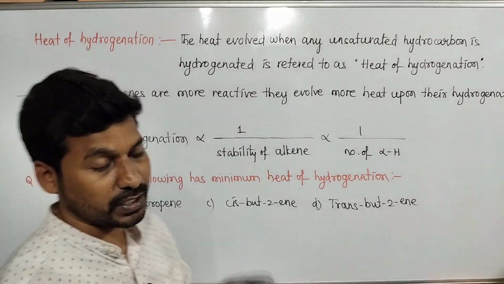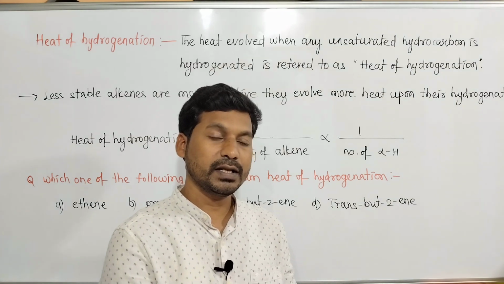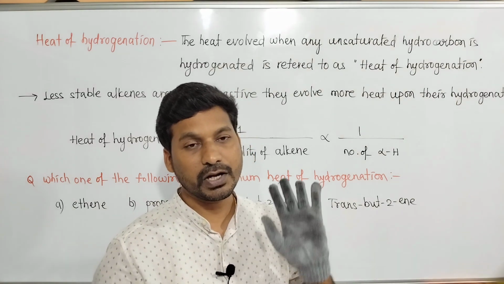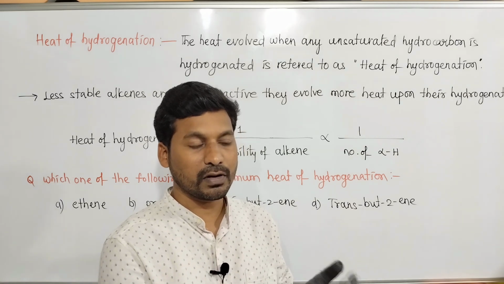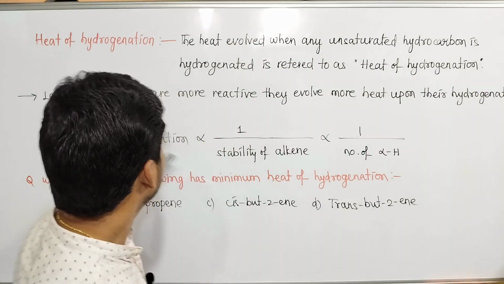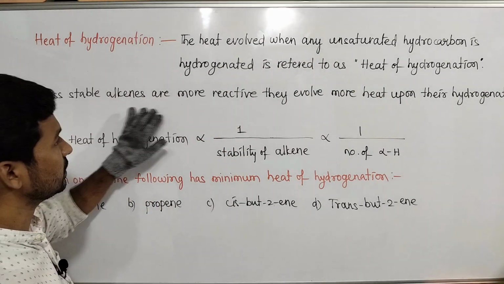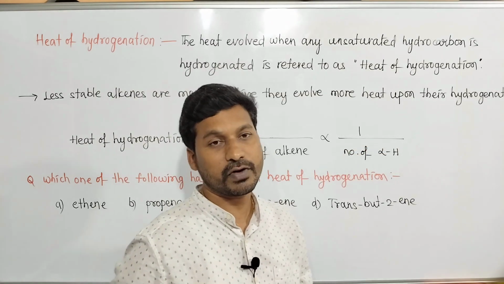Less stable alkenes mean more reactive. More reactive alkenes release more amount of heat upon hydrogenation. More reactive one always releases more amount of energy. That's why less stable alkenes are more reactive, and more reactive alkenes release more heat of hydrogenation.